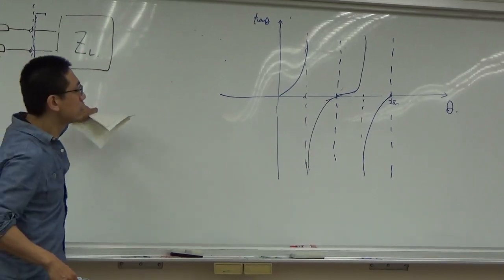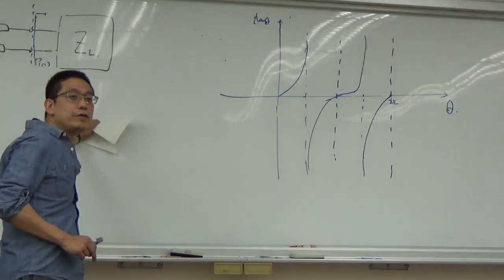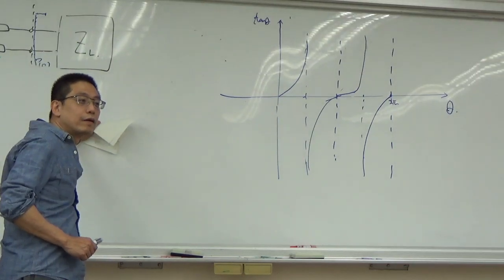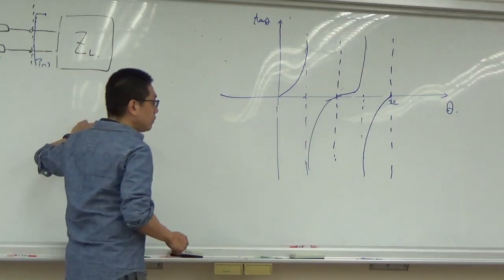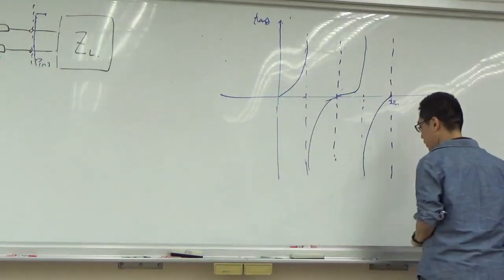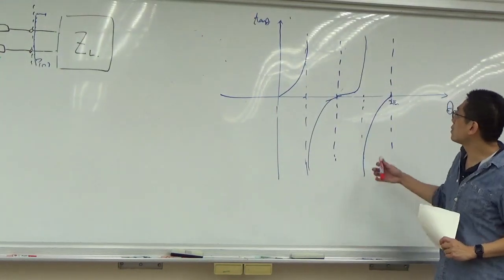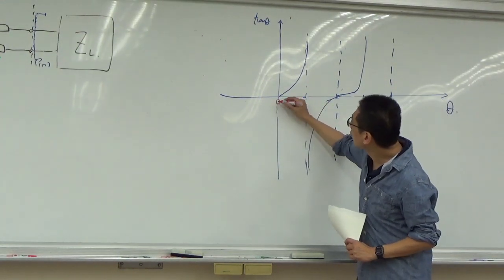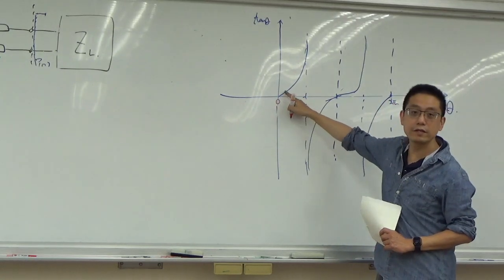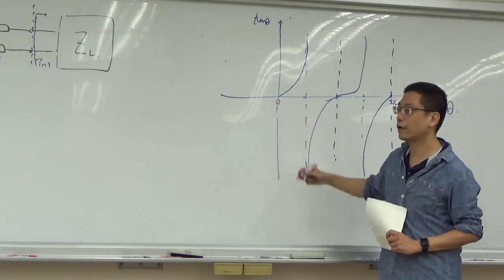So this is a figure of tangent theta. When your theta is 0, tangent theta is 0 as well. Let's write down.